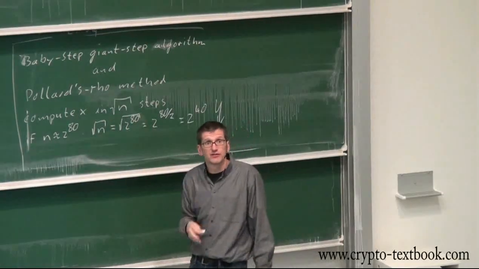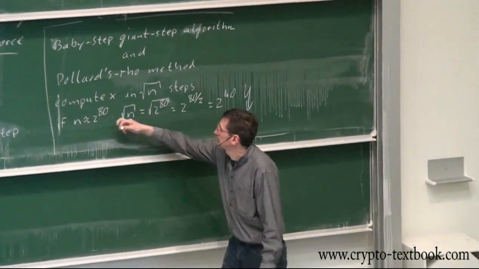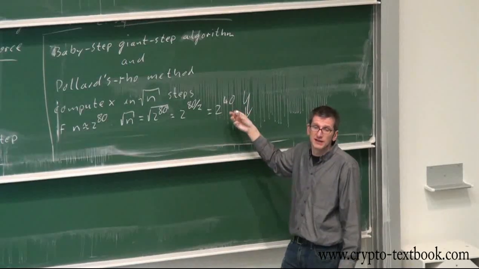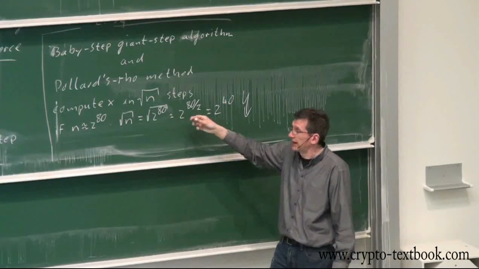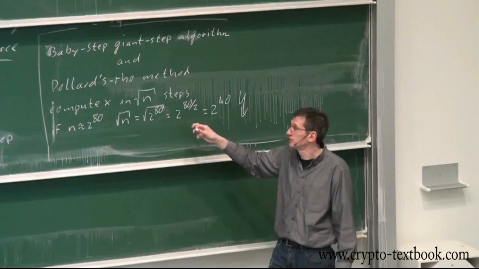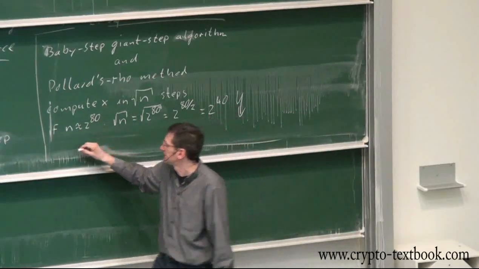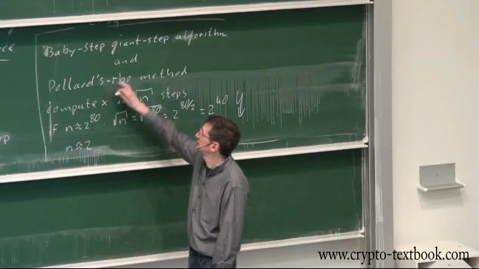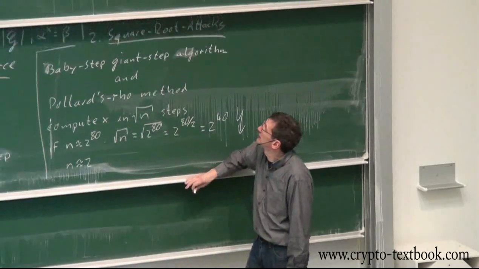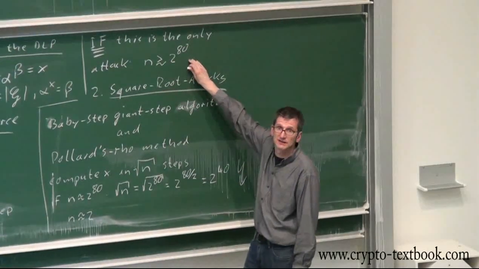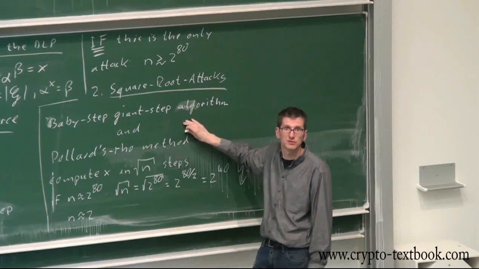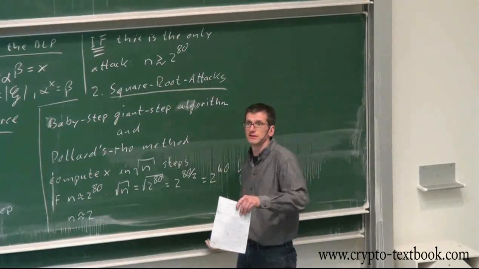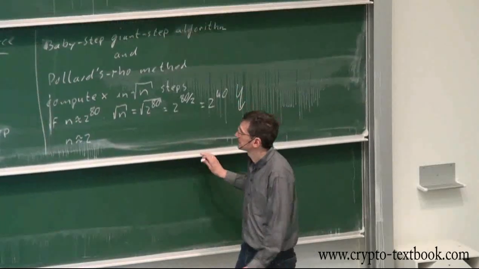So here we reduced 80 bits to a 40-bit complexity, so to speak. In order to have 80-bit security, what do we have to do? How long do we have to choose the group? Yeah? 160, exactly.